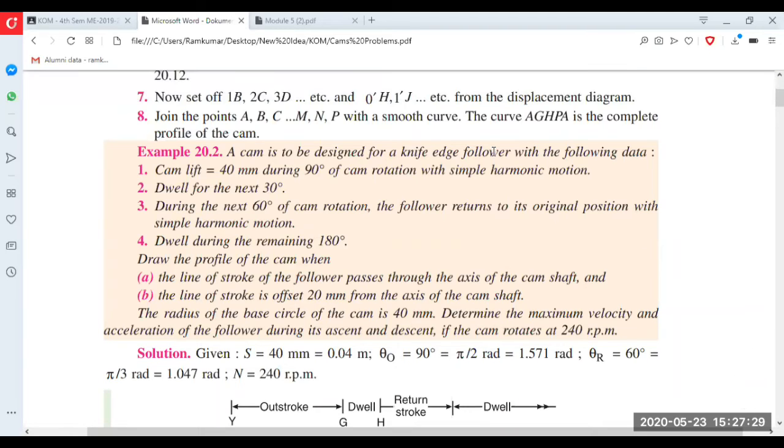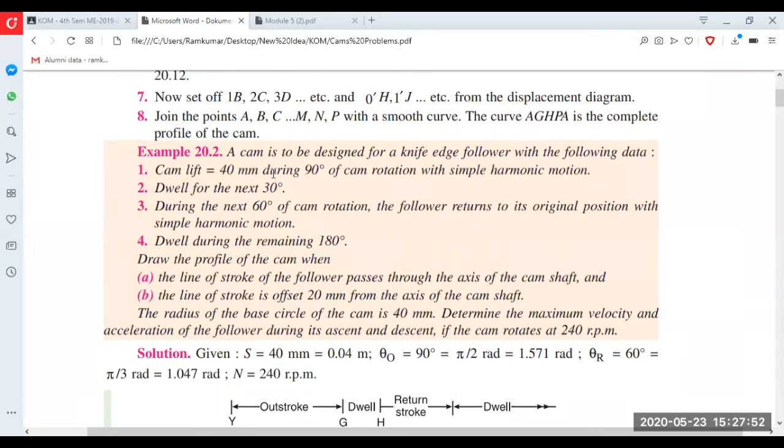So knife edge follower means it is having a pointed edge. Okay, it is just like a pen. It is having a pointed edge with the following data. Cam lift is equal to 40 mm. So here lift is very important. You write down it as S, capital S is equal to 40 mm, or you can write in meters 0.04 meter.